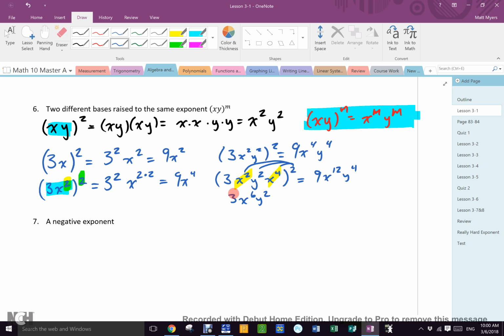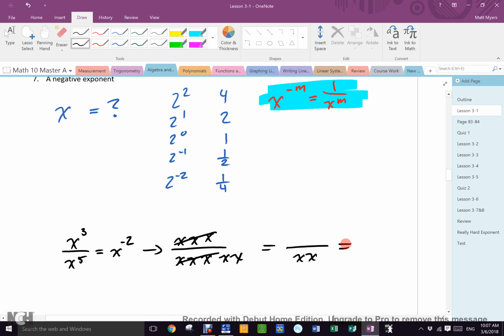Right? What is this really? Five x's, right? What do I get to do with 3 of those x's? Cancel them out, and I'm left with 2 x's in the denominator, which would be x squared, yes? Now, there's nothing up top.